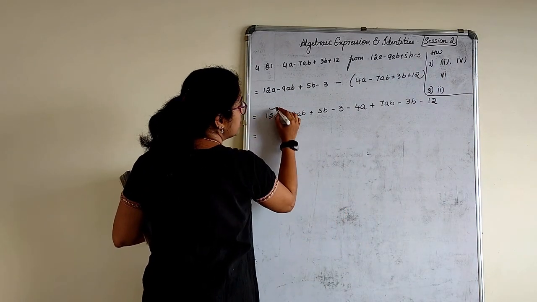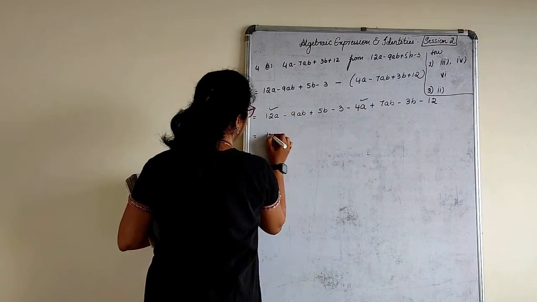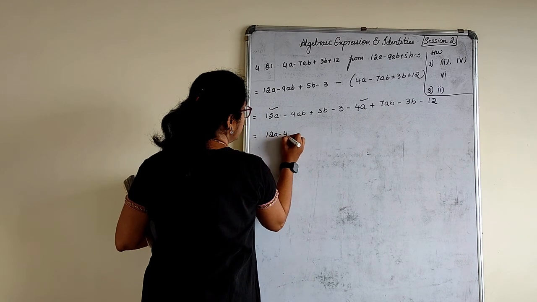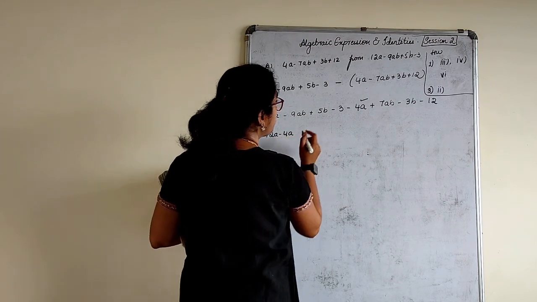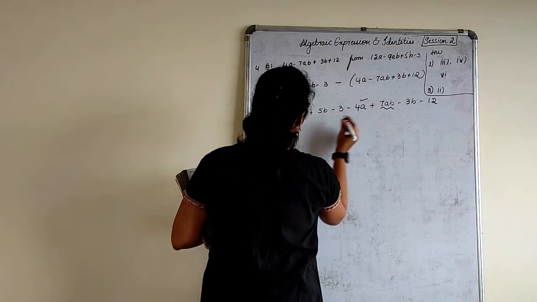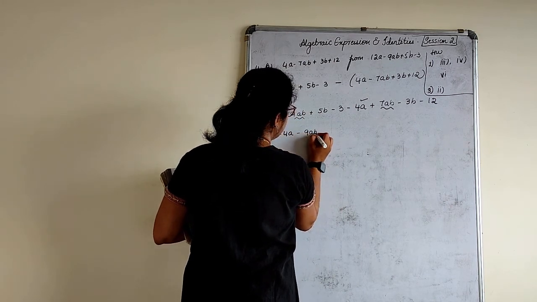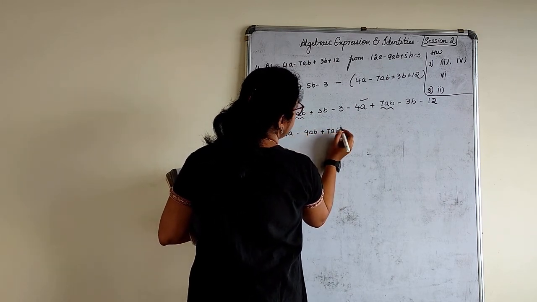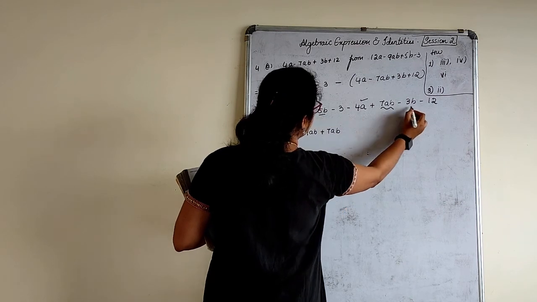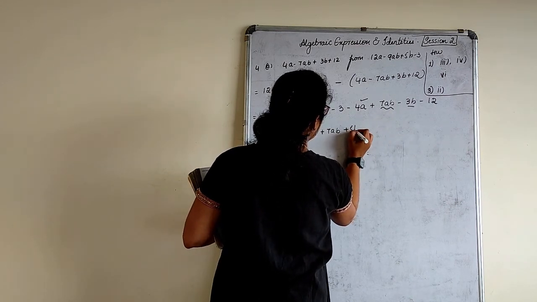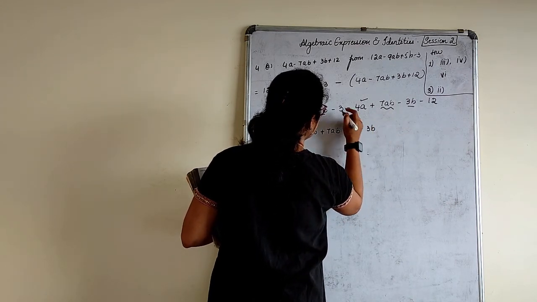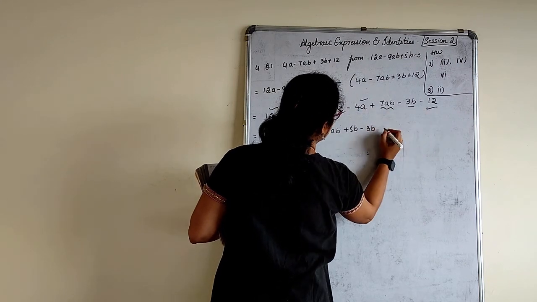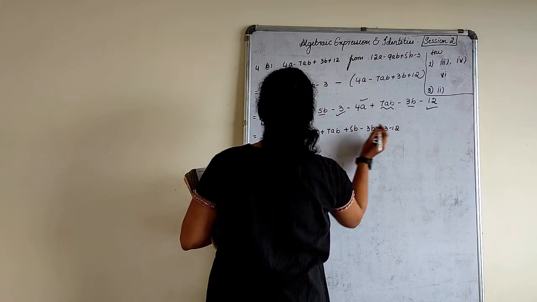Group the terms: 12a minus 4a; minus 9ab plus 7ab; 5b minus 3b; and minus 3 minus 12.